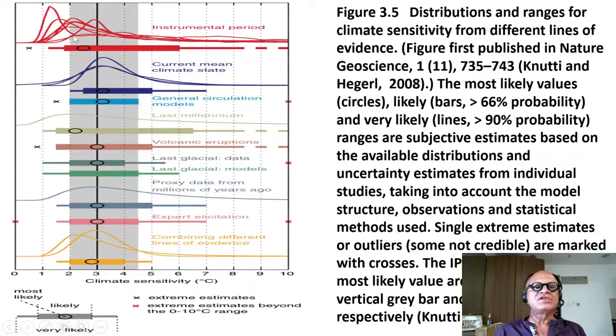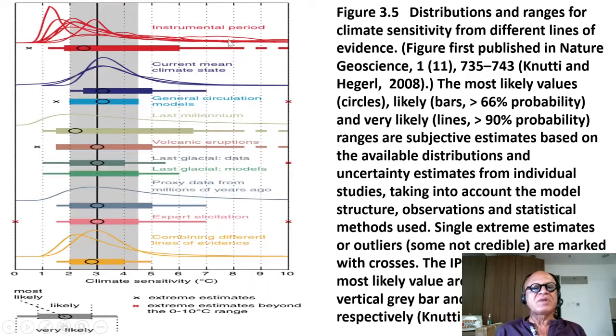So for the instrumental period, these are the most likely, so likely, and then this is very likely and this is likely. So you can see some of them have a long tail.